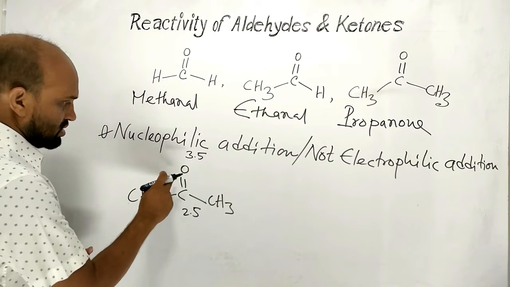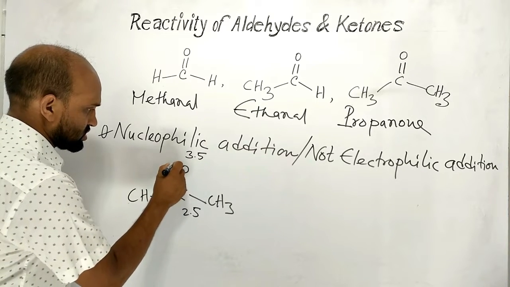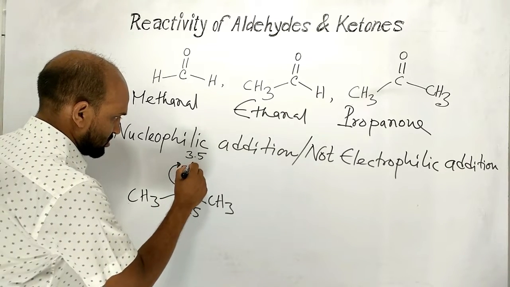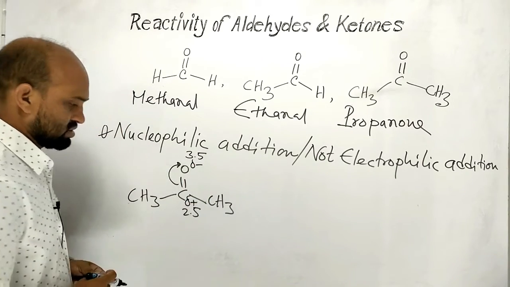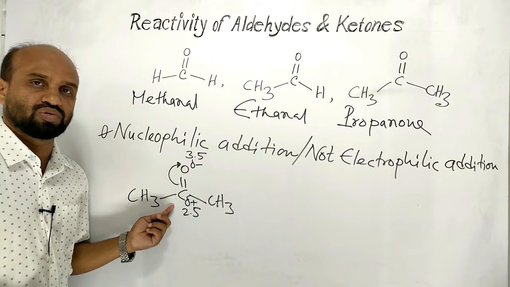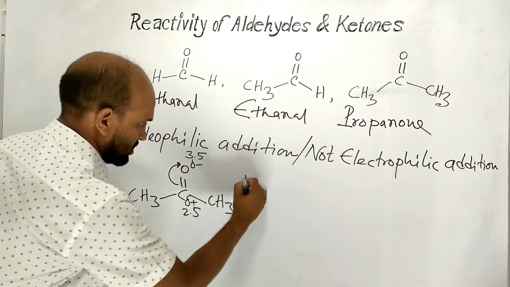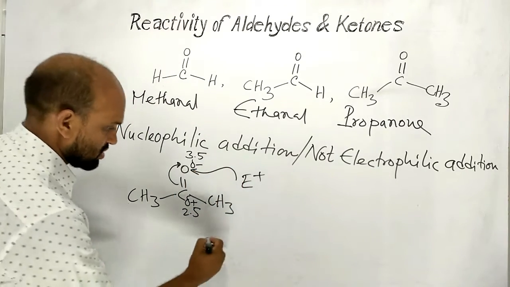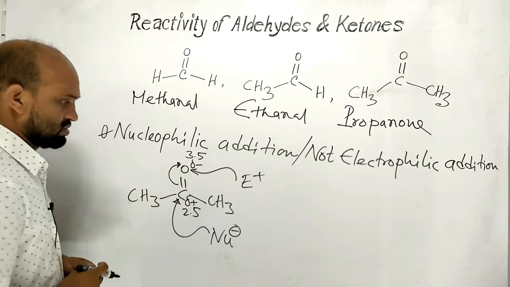That is why these pi electrons move towards oxygen, and as a result oxygen gets negatively charged and carbon gets positively charged. Now this compound is suitable to react with both electrophile and nucleophile. Electrophile may combine with this oxygen and nucleophile may combine with this carbon.